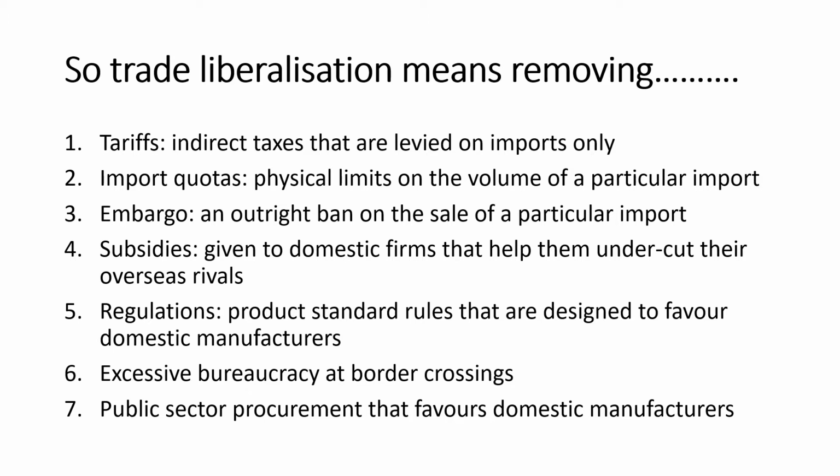There probably are cheaper and better cars than Lamborghinis for policemen to drive around in, but the whole point of this public sector procurement or buying policy is it's designed to divert demand away from imports towards domestically produced substitutes.